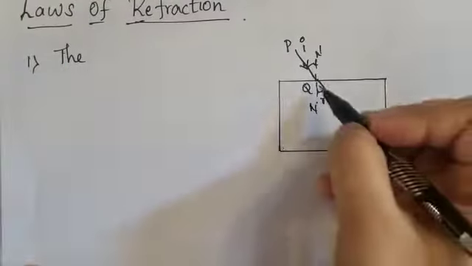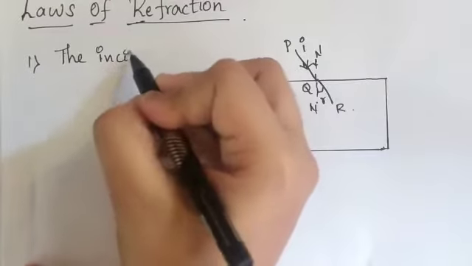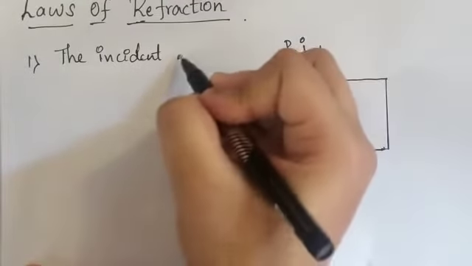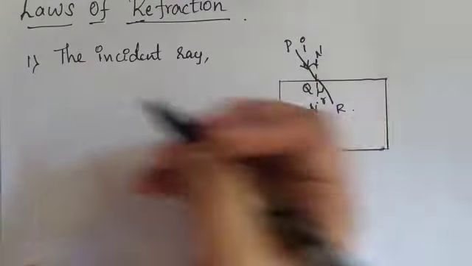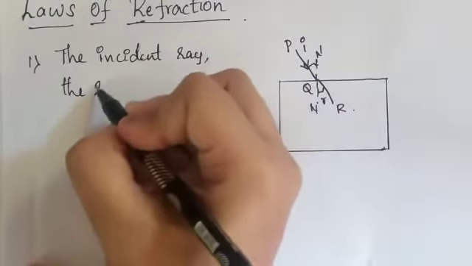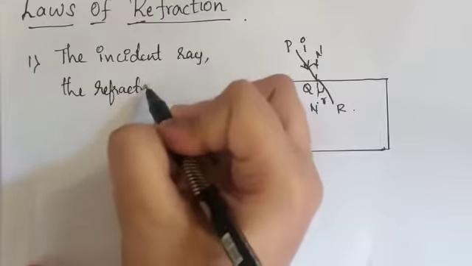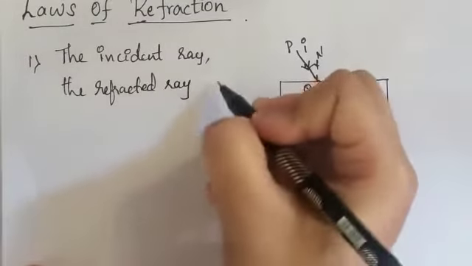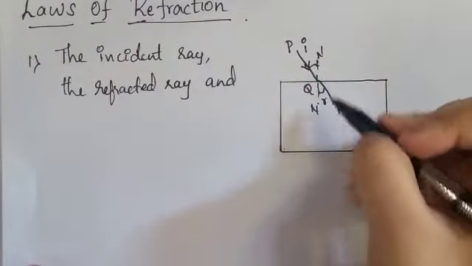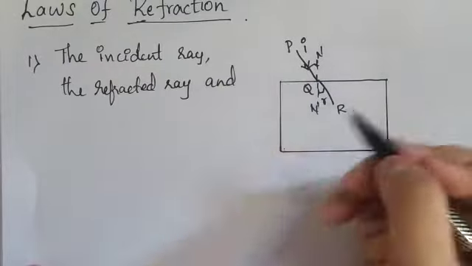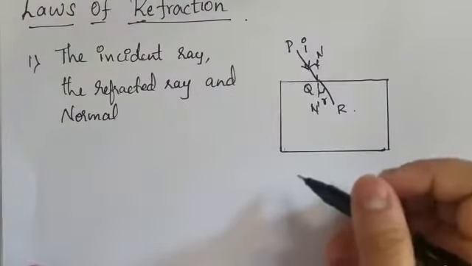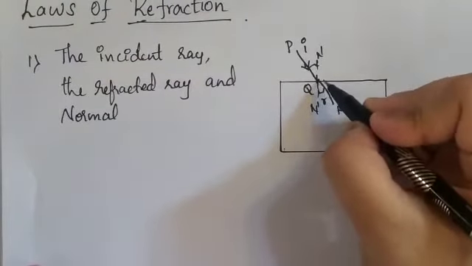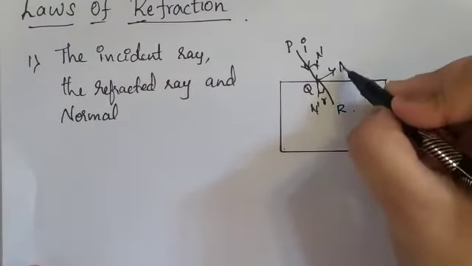The incident ray here is PQ, the refracted ray is QR, and the normal here, N and N dash, at the point of incidence, which I will take as A.